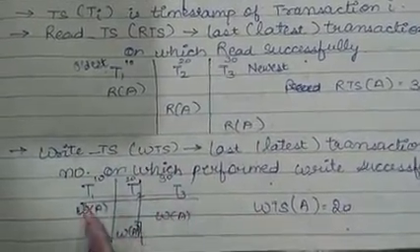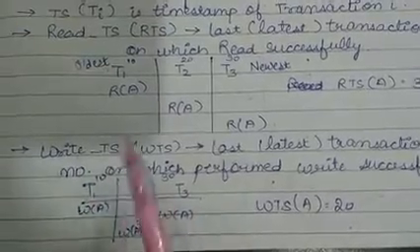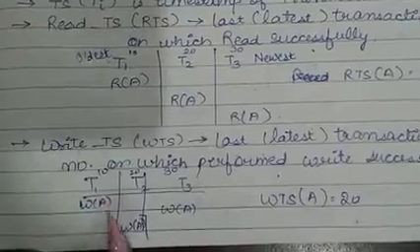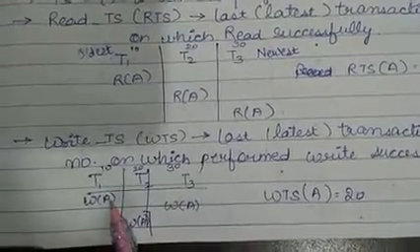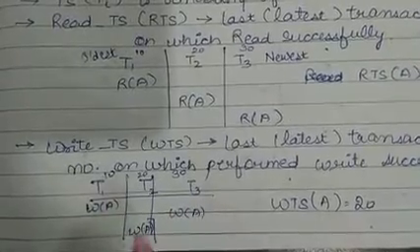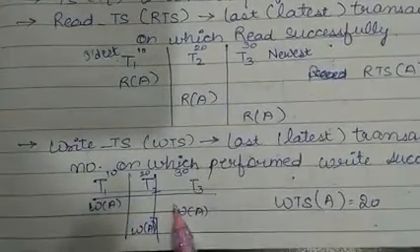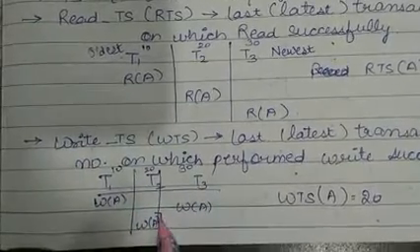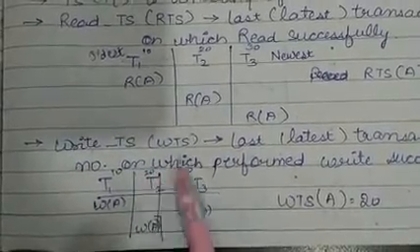Suppose we have three transactions T1, T2, T3, and 10, 20, 30 is the timestamp value of these three transactions, and there are some operations, how these are executing. Firstly this WA will execute, then this WA, then this WA. So this is operating in this way. So this WA will give me the value of 20.